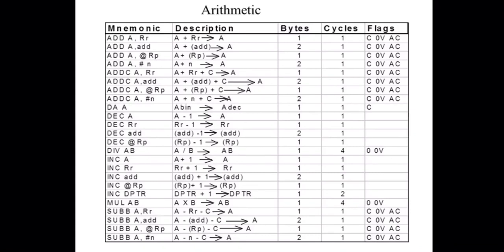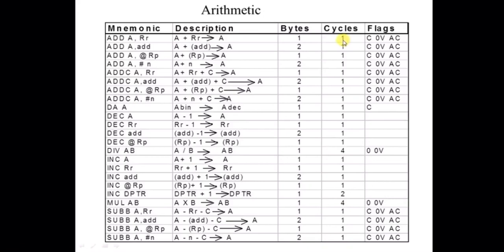And the number of bytes means each instruction is going to be converted into an equivalent opcode, which takes that many locations from code memory. And the cycles means machine cycles.